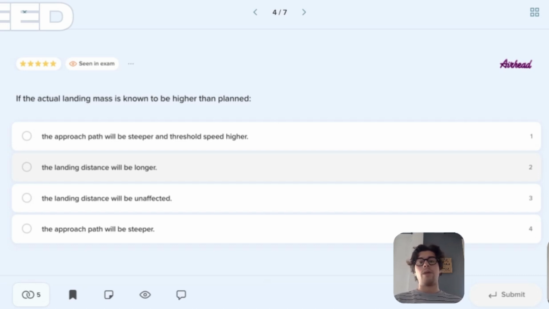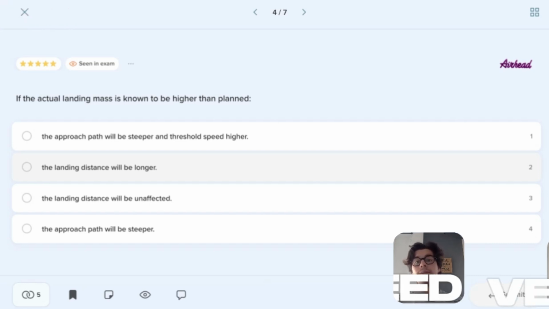Remember also that we will have a different stall speed. In case of more mass, we will require more lift to offset it, so our stall speed will also increase. And in this case, the landing will be unaffected. This is not true. The approach path will be steeper. No, not necessarily.